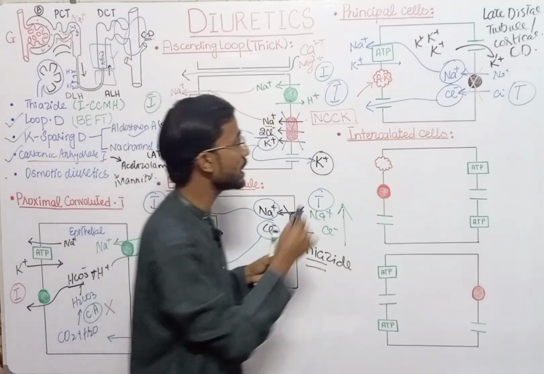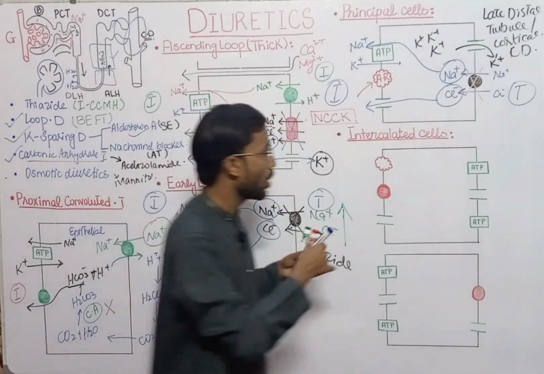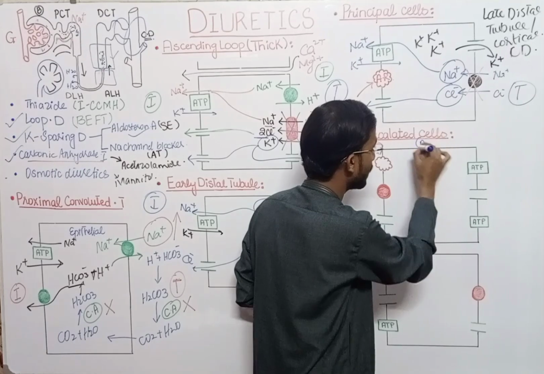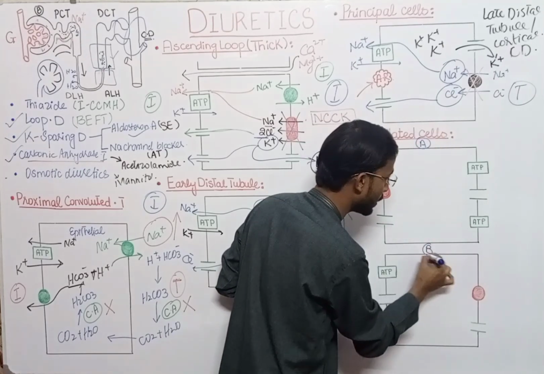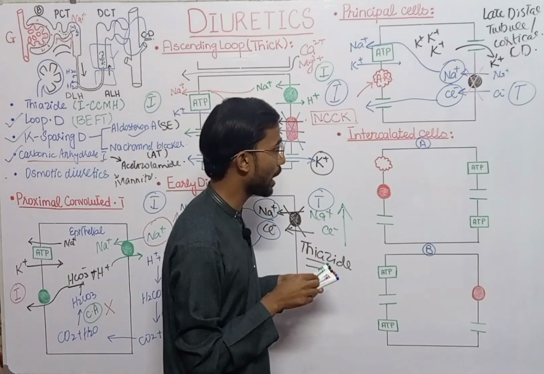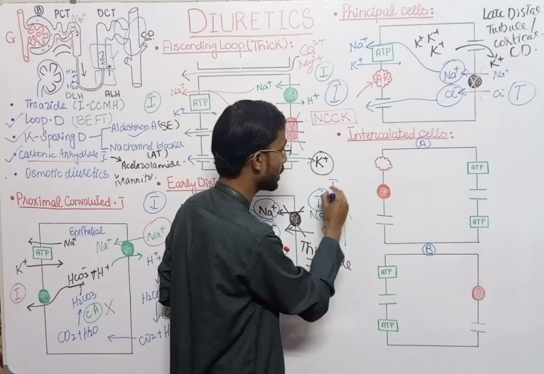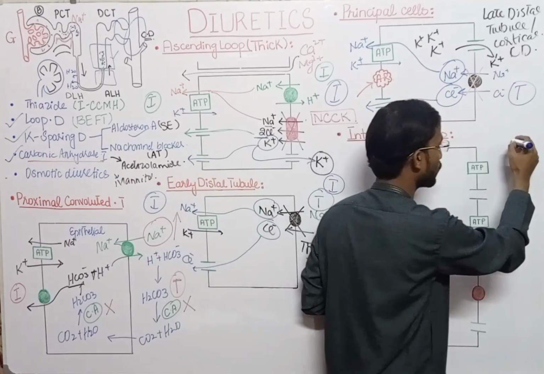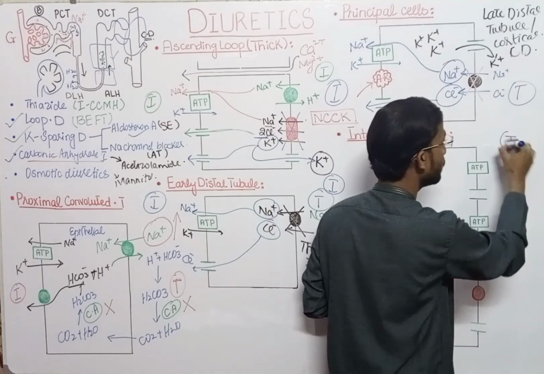Next is the intercalated cell. It has two types, A type and B type. Again, this is the interstitial space and this is the tubular lumen.